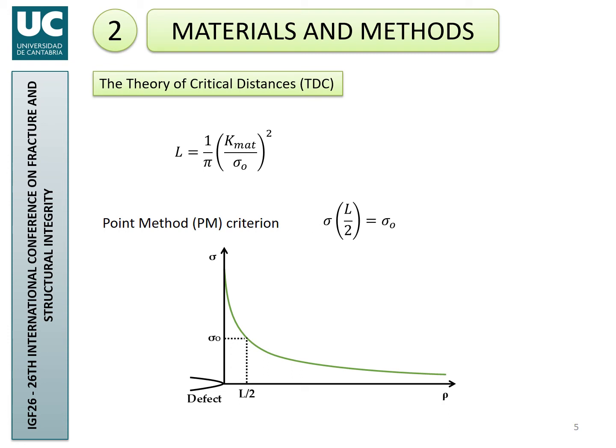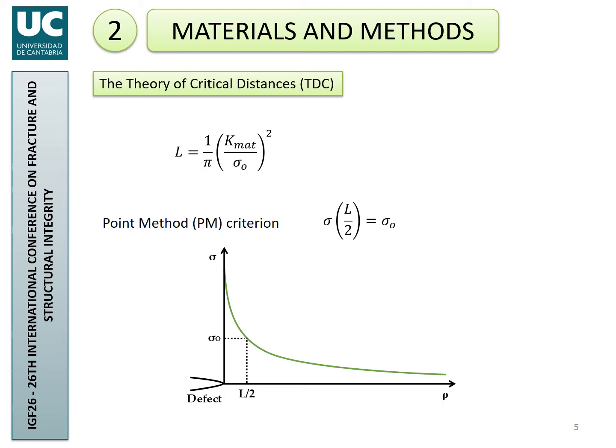Once we have L, the theory of critical distances, and particularly one of its methodologies, the point method, establishes that failure takes place when the applied stress at a distance of half of the critical distance equates the inherent strength.